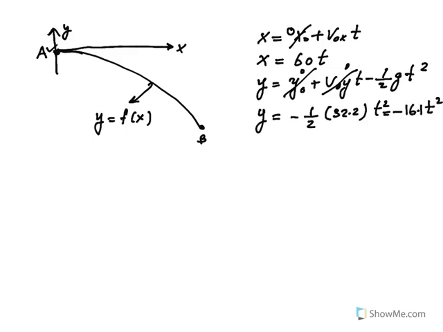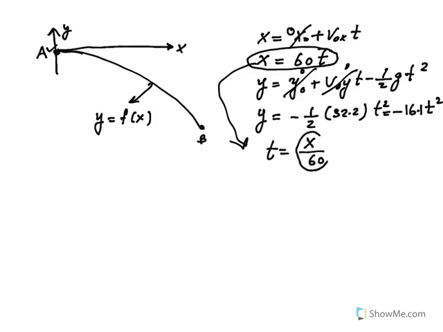So it always comes down to a very simple substitution, guys. If you could have t in terms of x, t is equal to what? x over 60. And you take this and you plug it in here in place of t. So look, let's see what happens. Let me actually switch back to black.